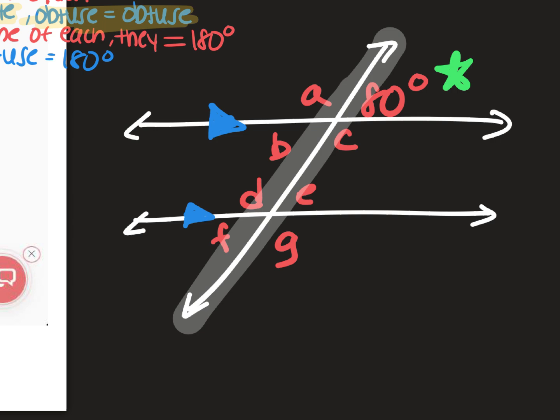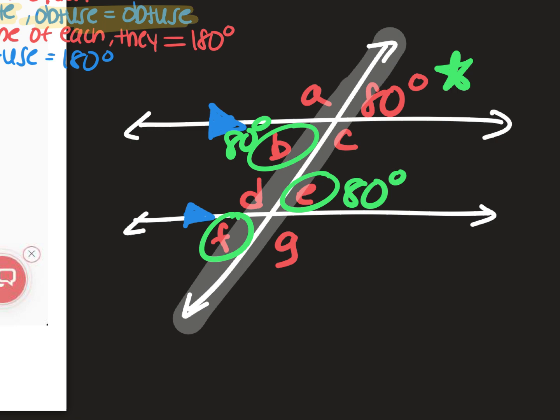So that's 80 degrees. Angle B is also an acute angle, so that is 80 degrees. Angle C is another acute angle, so that should be 80 degrees. And so is angle F. That's another acute angle, so that is 80 degrees as well, okay?